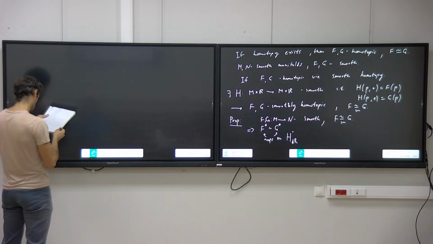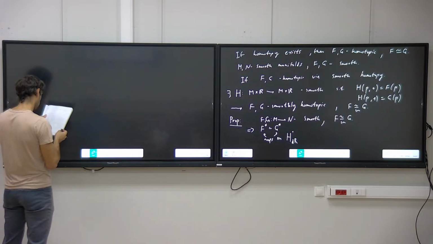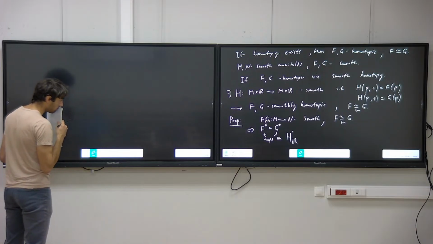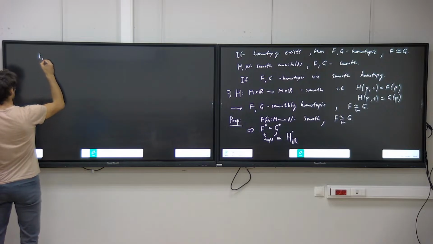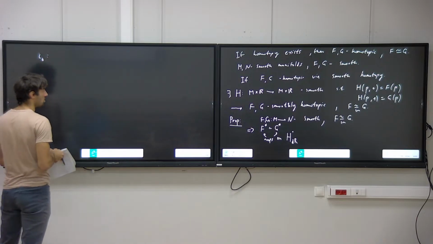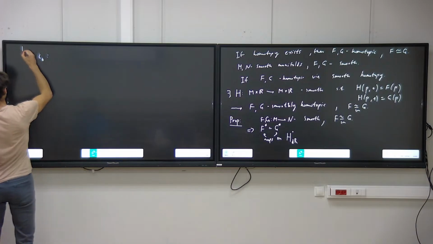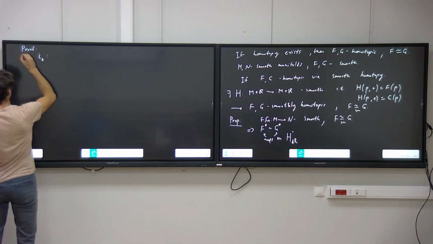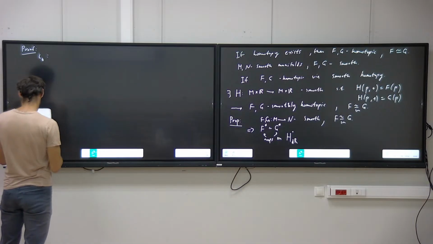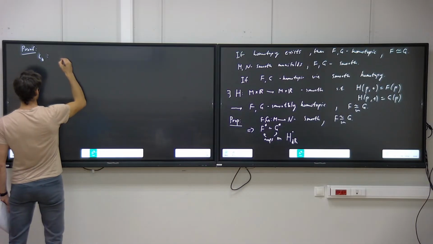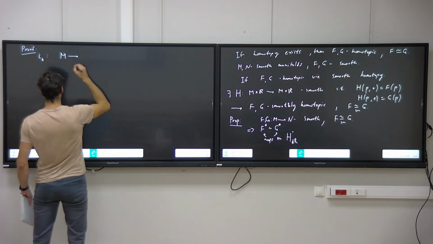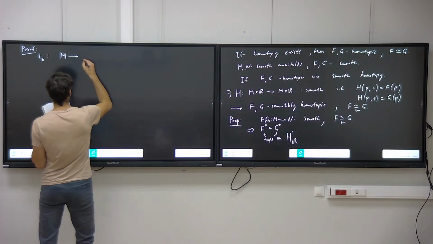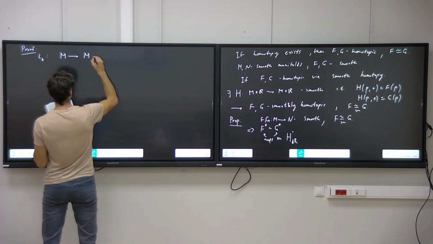So first of all, let me introduce this map i_t. This is the proof. This map is from M to M cross R.